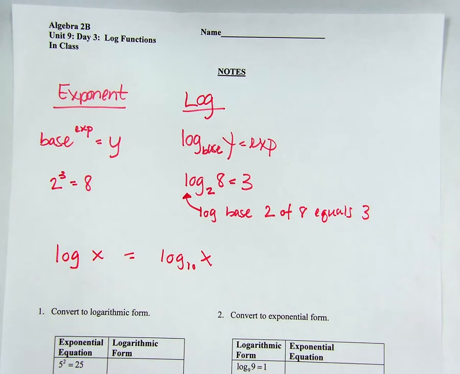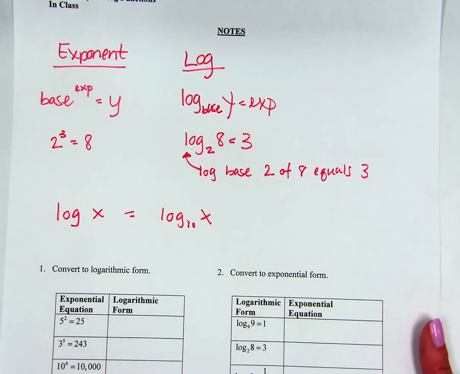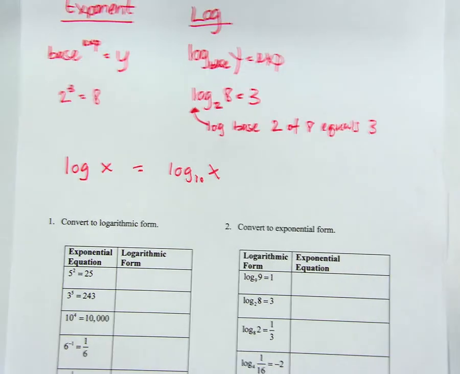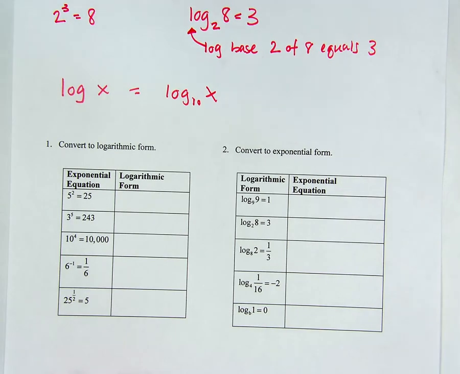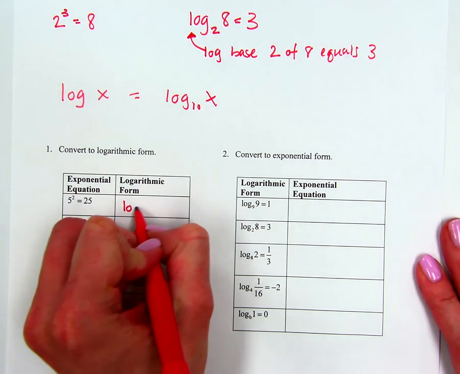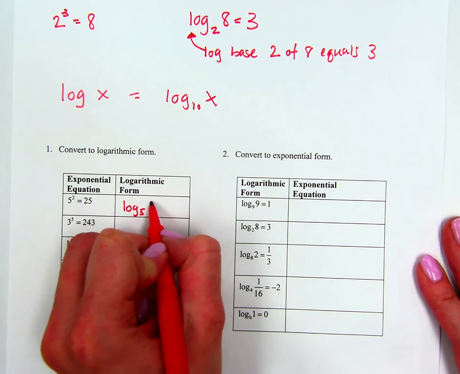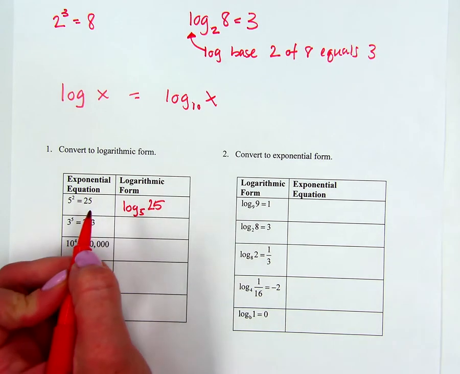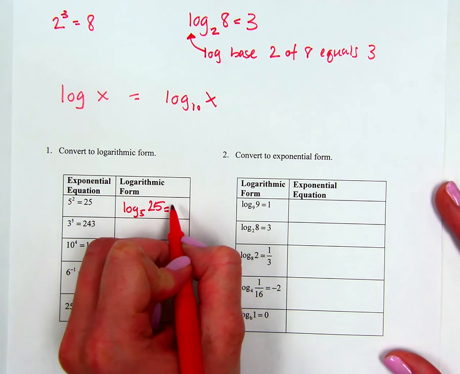So let's practice converting. We're going to convert to the logarithmic form first. Let me make sure you guys can see this. All right, we're going to start with 5 squared equals 25. So we're going to convert that. We'll write our log, then our base, which is 5: log base 5 of 25 equals, and then we write our exponent, which is 2.